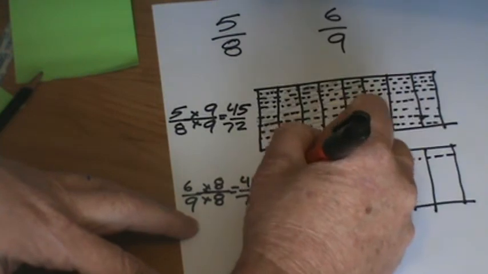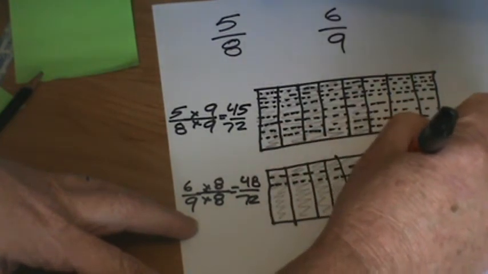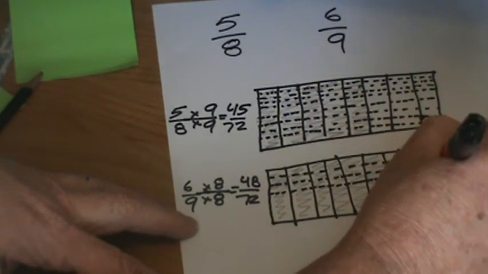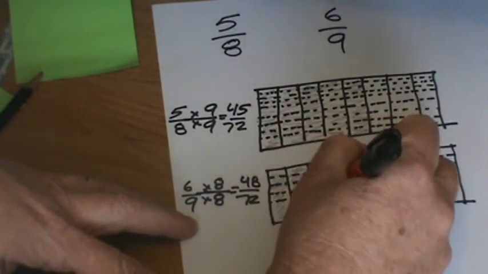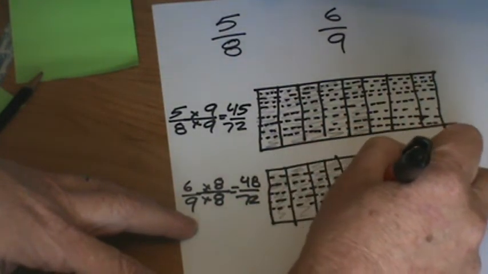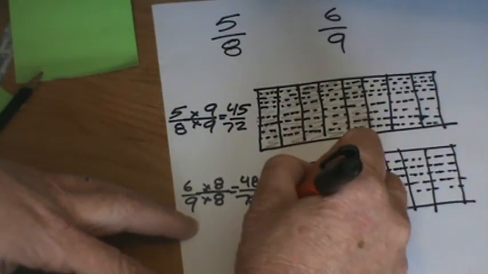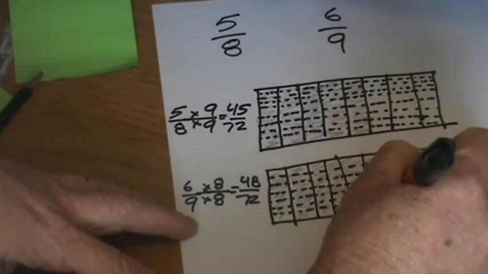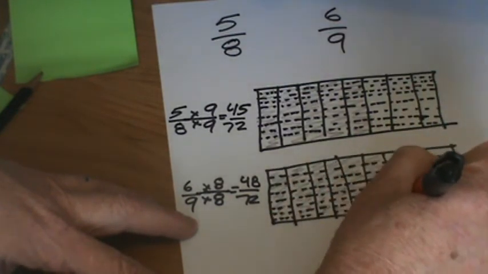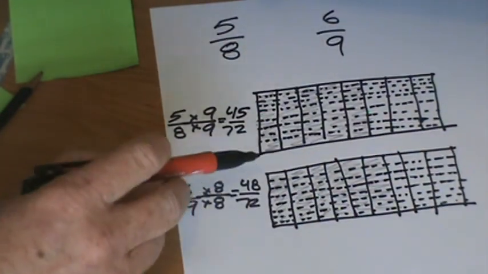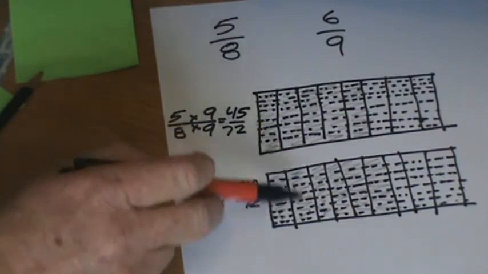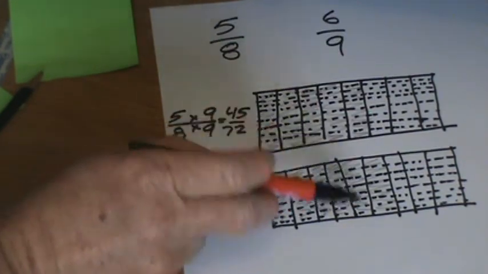1, 2, 3, 4, 5, 6, 7, and 8. So 1, 2, 3, 4, 5, 6, 7, 8. 8, 16, 24, 32, 40, 48.